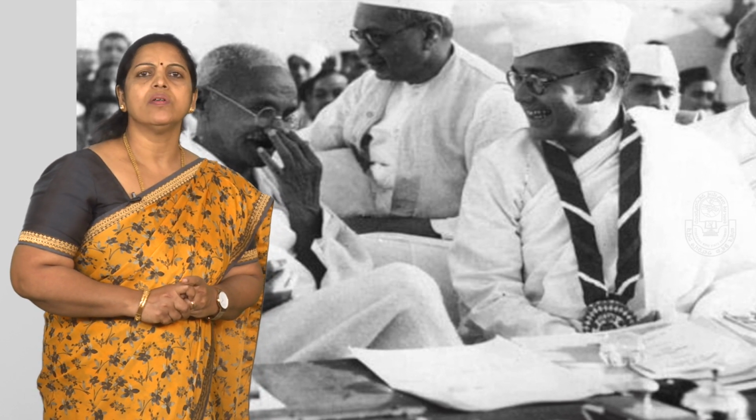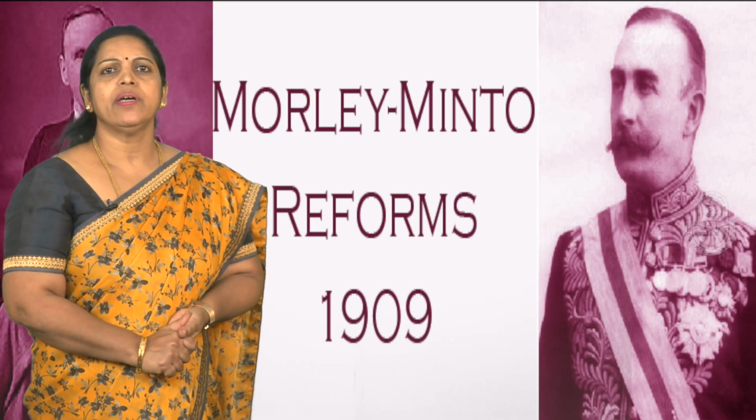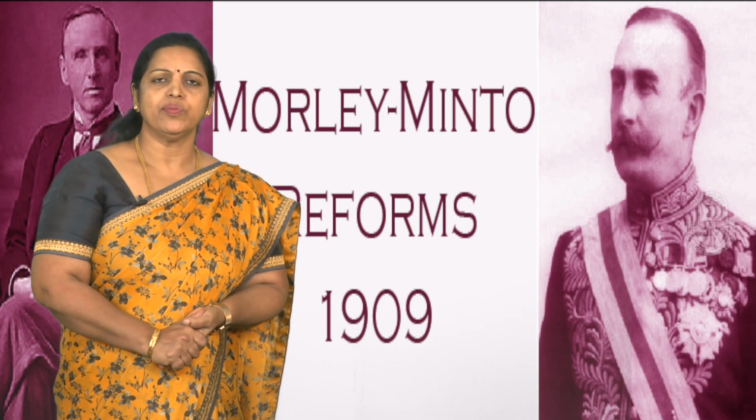Therefore, Congress opposed these parliamentary reforms mainly because the National Congress demanded self-government and self-rule. But actually, through this enactment, Indians were not given any role in governmental affairs. No drastic changes were made by these parliamentary reforms.